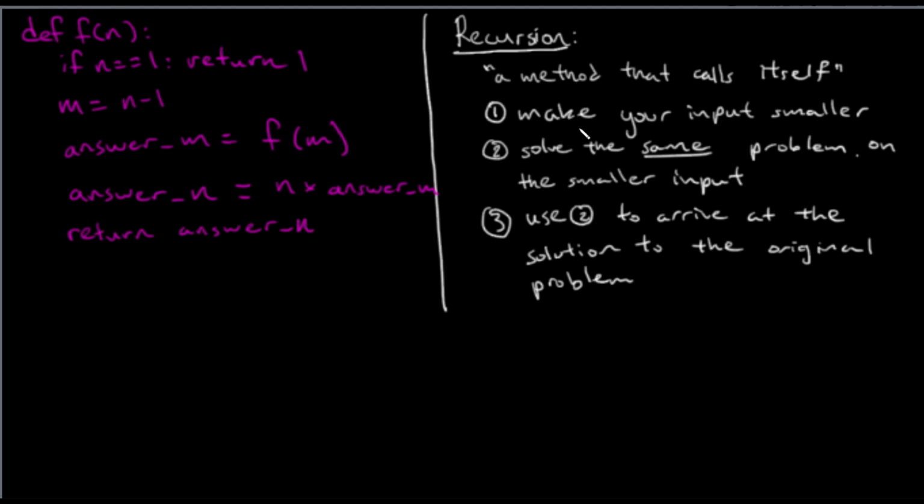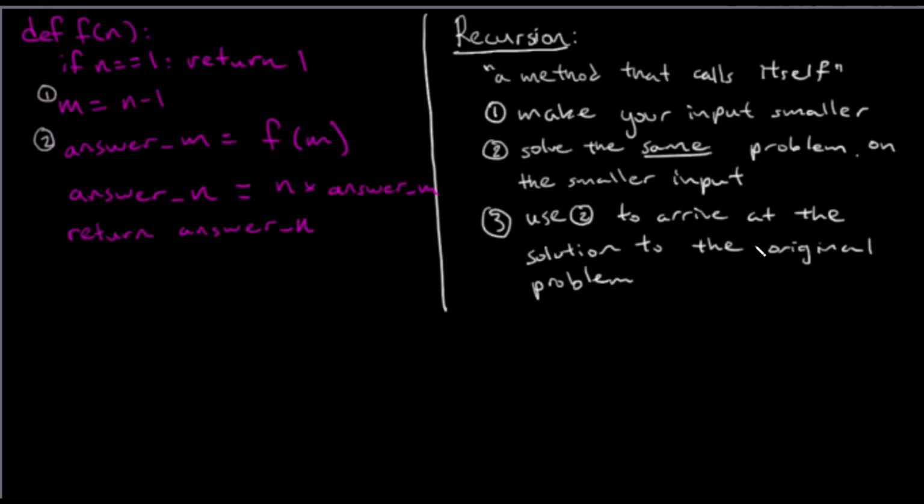And so again, in recursion, we make our input smaller. That would correspond to this step right here of setting this variable m equal to n minus 1. We solve the same problem on the smaller input, and so that would correspond with this line right here of assigning f of m to this answer underscore m variable.